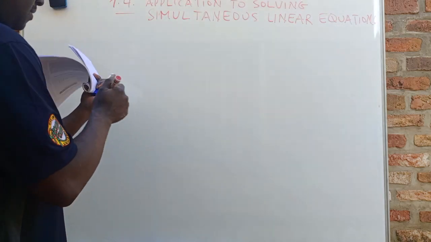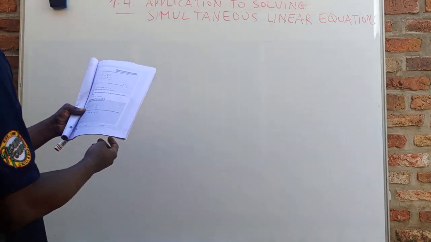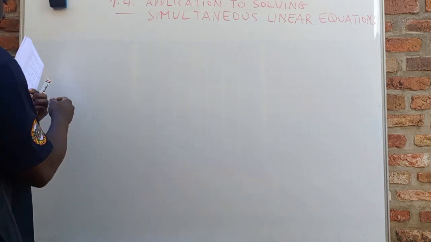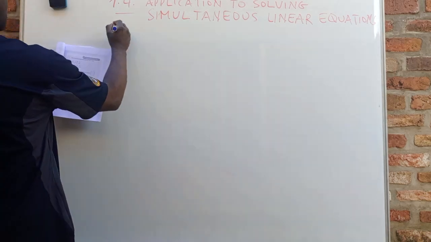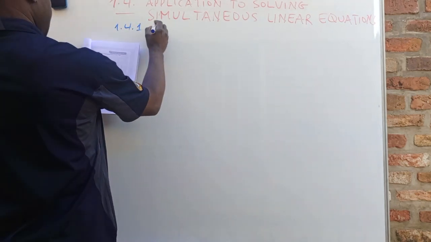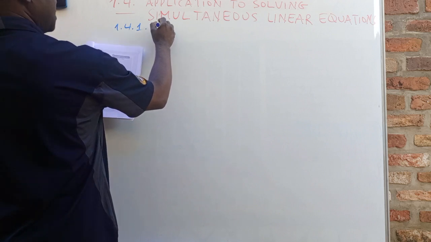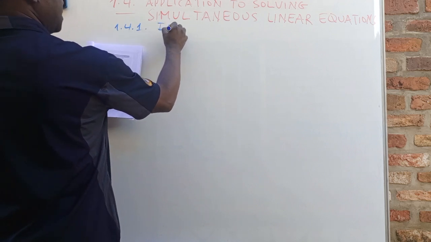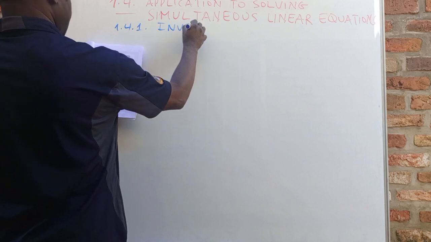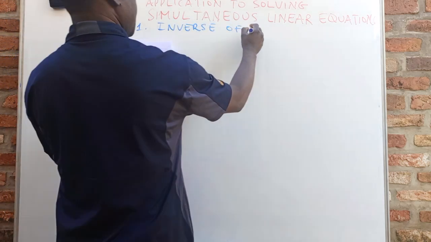Okay, so now here we have the first point in this section. We have a subsection: inverse of a matrix.